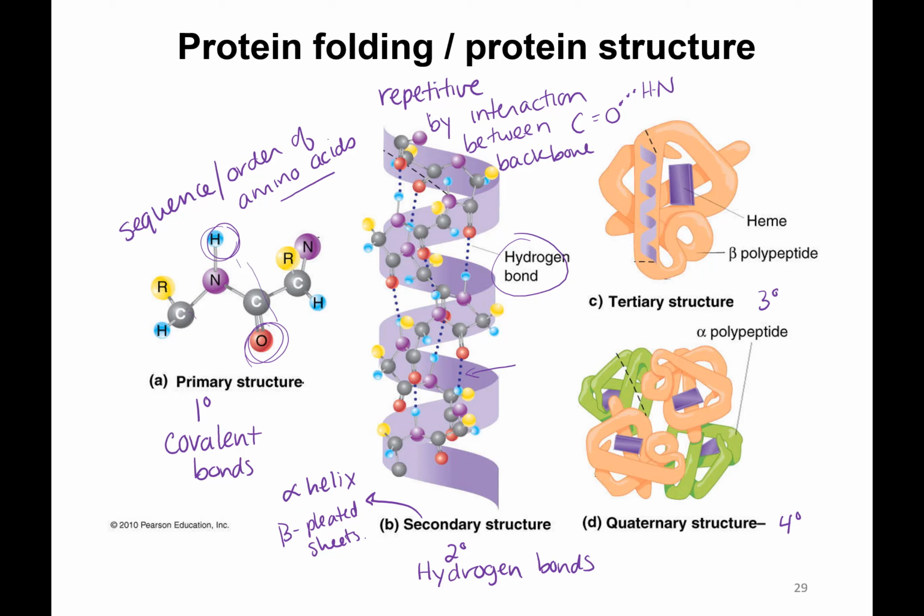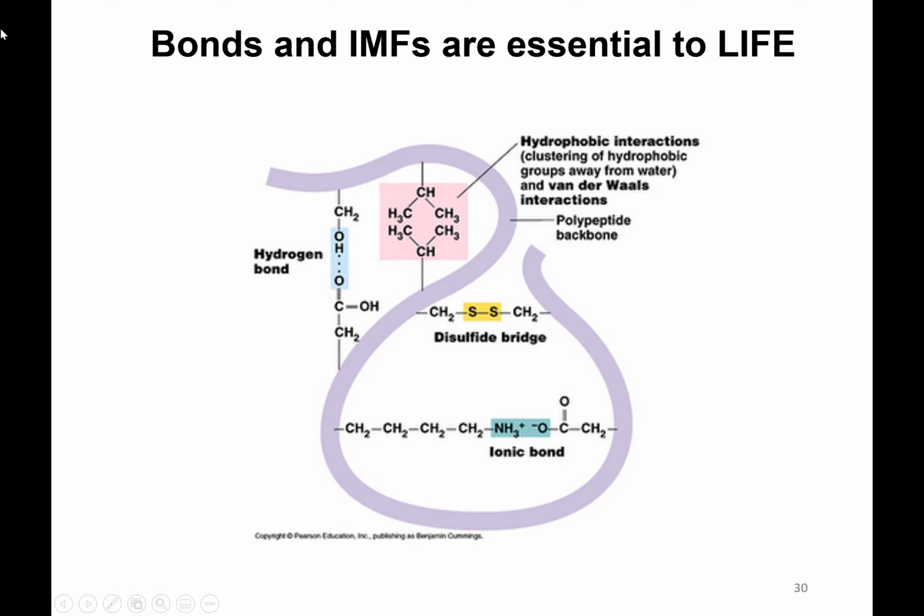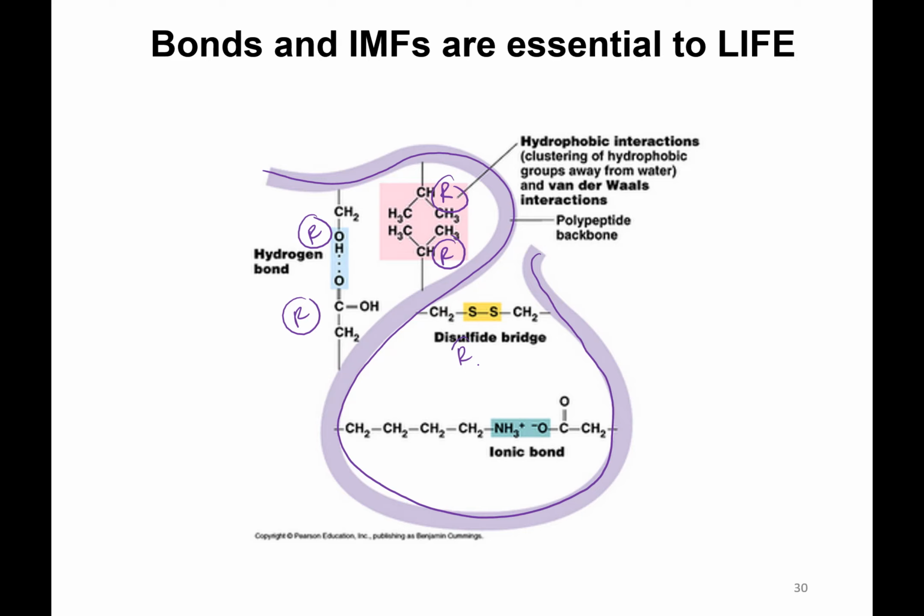Sorry, tertiary structure is where the R groups come in. Tertiary structure is based on R groups and our intramolecular forces. So back to this diagram we talked about, if this is our primary structure, our sequence of amino acids, where the different R groups interact, those are the intramolecular forces.